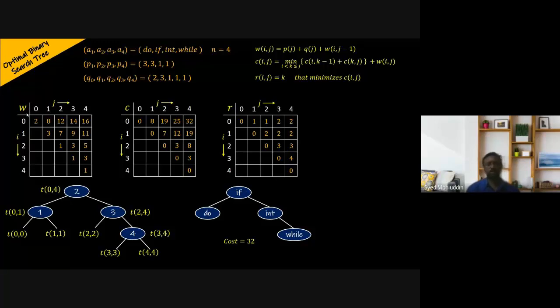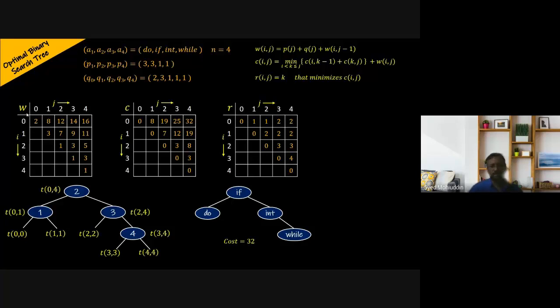So it's the same as what we have seen here. The other difference is that we are constructing the triangle of the matrix starting from the diagonal going to the top right corner.